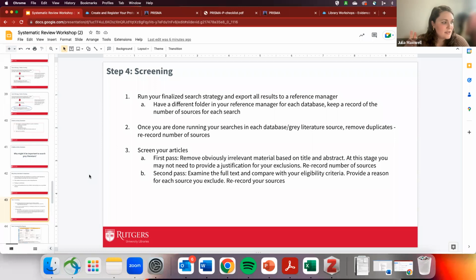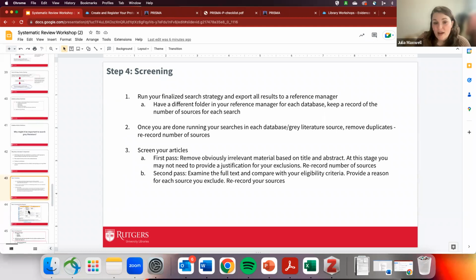The second pass, you look at everything that's still there and you read the full article. If you exclude articles at that second pass stage, you have to justify in writing why you did so. That's from PRISMA. If you and your co-screener are in disagreement, then a third person usually has to be a tiebreaker as well.